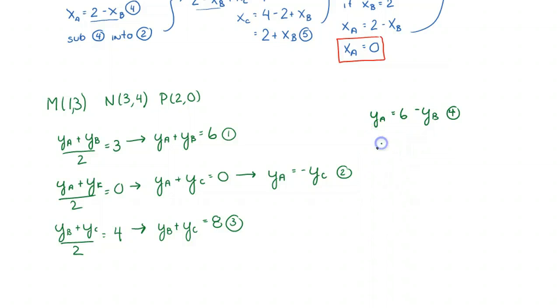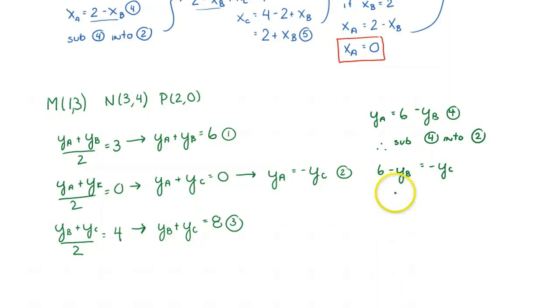So if we call this equation 4, we know that we can sub 4 into 2. So therefore we get 6 minus yb equal to minus yc.